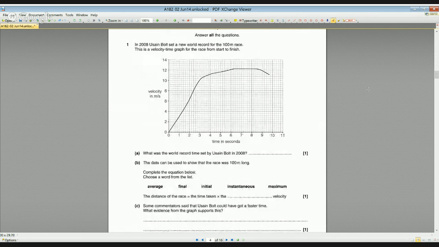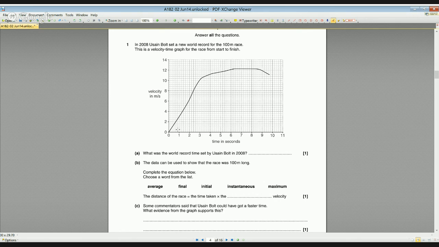Question number 1. In 2008, Usain Bolt set a new world record for the 100-meter race. This is a velocity time graph for the race from start to finish. Part A says, what was the world record time set by Usain Bolt in 2008? Well, this is a velocity time graph, so it doesn't directly tell us the time.